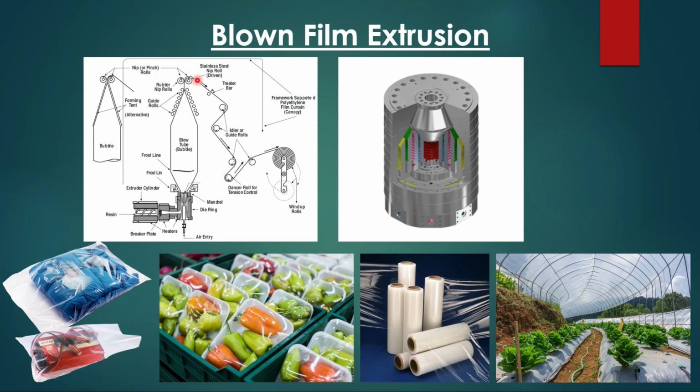We combine it here, and we'll collect all the sheet here. Okay, film, or we can say film because it is very thin. That's why we are saying film. So the plastic film we are collecting and rolling here, and this type of plastic film we generally use in agriculture and food packaging.